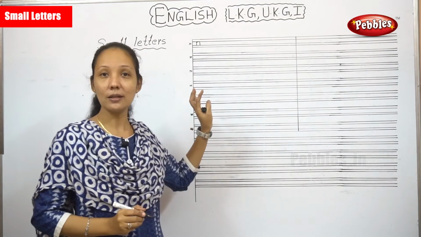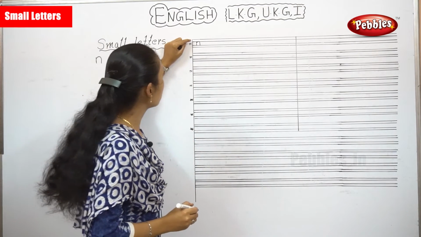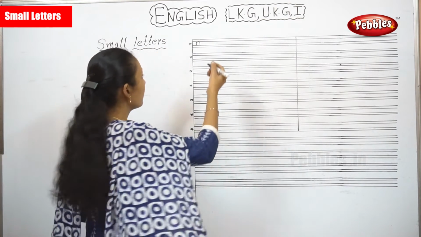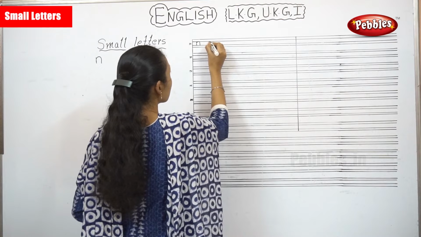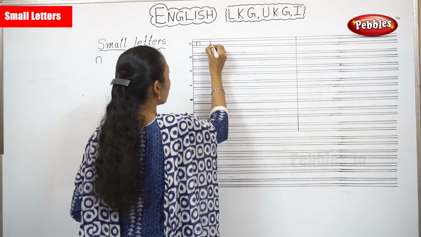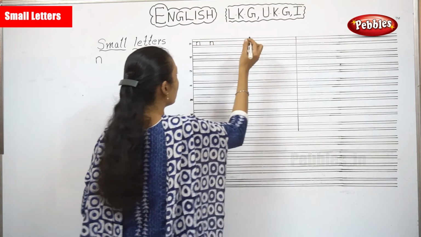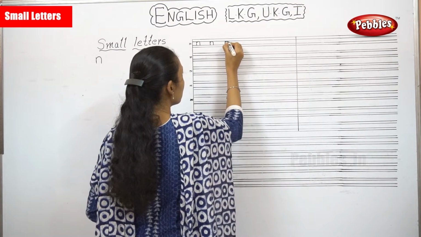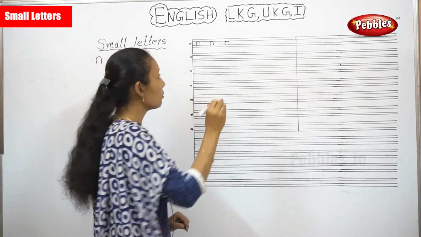You need to write your small n into the second line and the third line. Again, a straight line and a down curve, N. Once again, a straight line and a down curve. Please do not remove your hand.